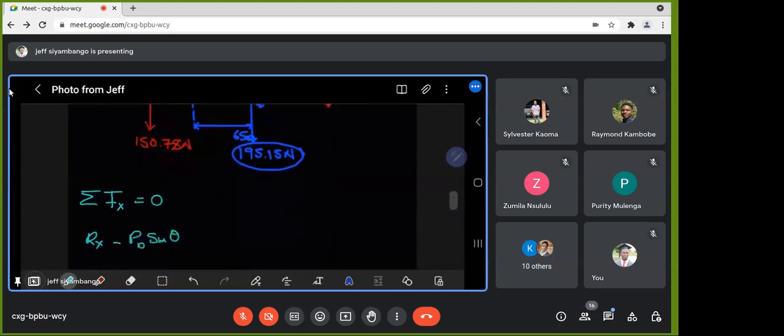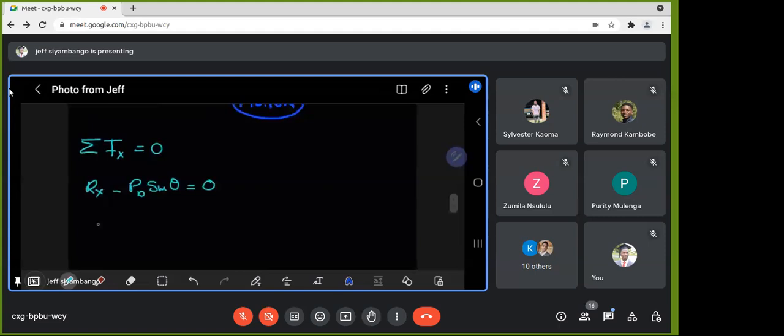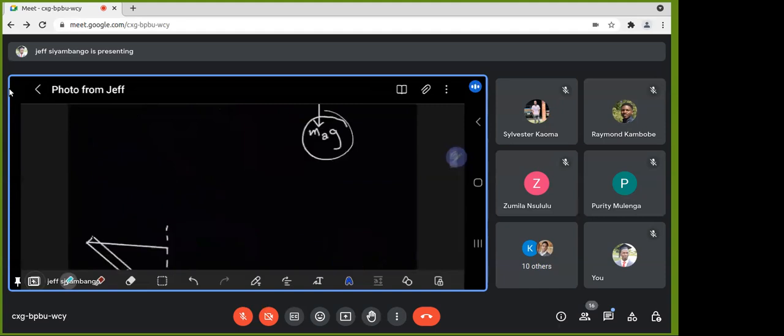From here, Rx will be equal to PD sine theta. We know what PD is. That is given in the question. Where is that? PD is 357.9.